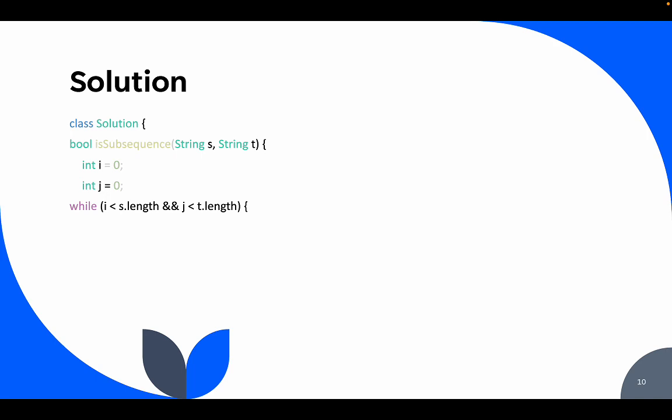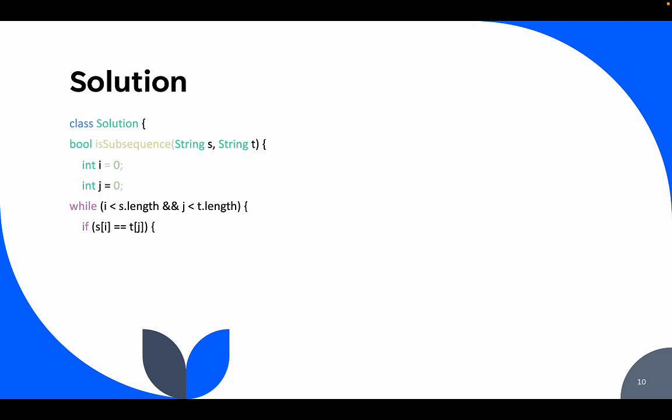This is because the loop continues until a certain condition is met, which is the traversal of both strings. The number of iterations is not predetermined and depends on the lengths of strings S and T. On the other hand, a for loop is best suited when the number of iterations is known in advance.